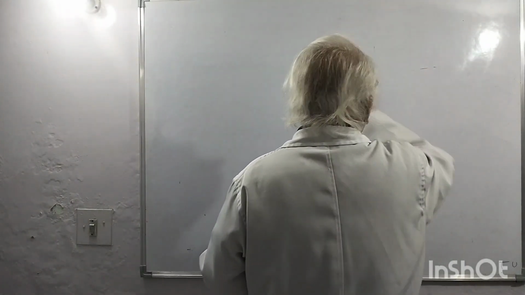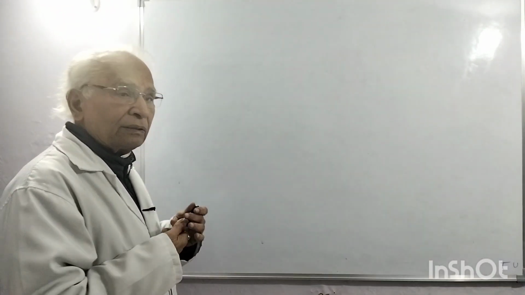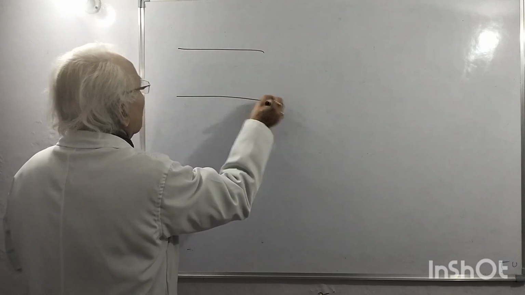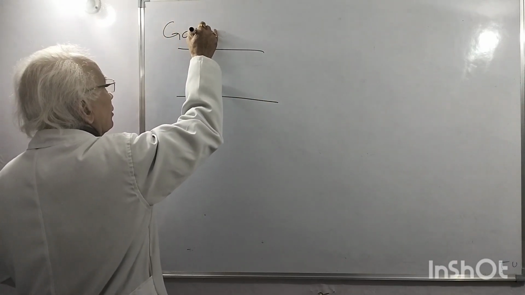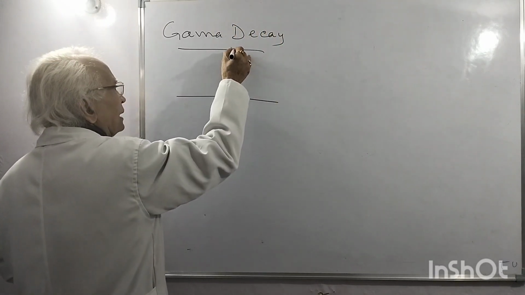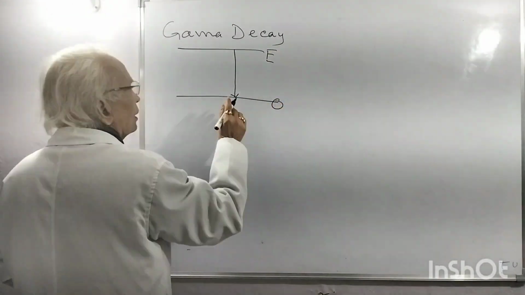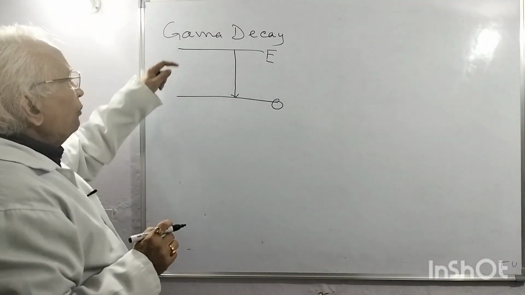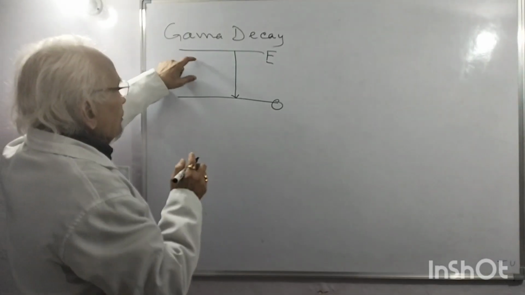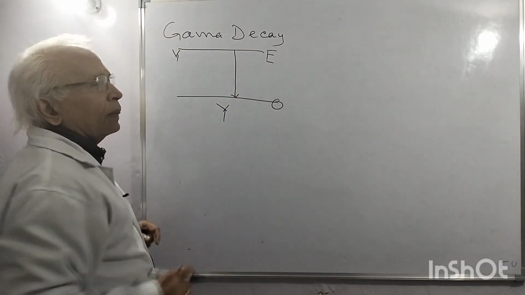Well, what is gamma decay? You see, gamma decay is, just like atomic de-excitation, we have here gamma decay, meaning this excited state with energy comes down to zero. Because when alpha decay or beta decay is taking place, you may get a system Y here, and this Y is in the excited state.